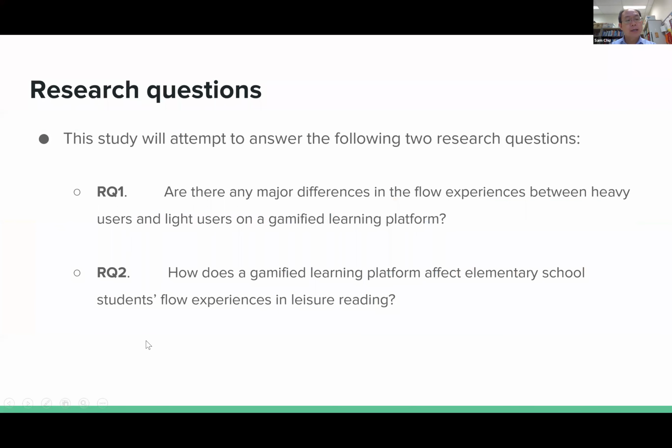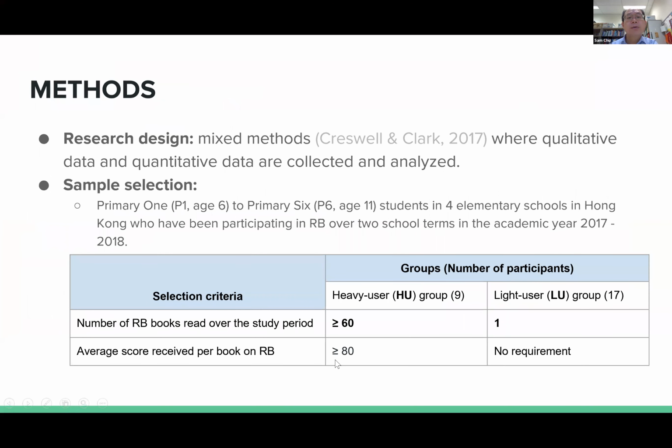Now, I have two research questions to study whether students who use Reading Battle a lot will experience a higher level of flow learning. It is a mixed method design where I collect qualitative and quantitative data. I include primary students, and I divided them into two groups.